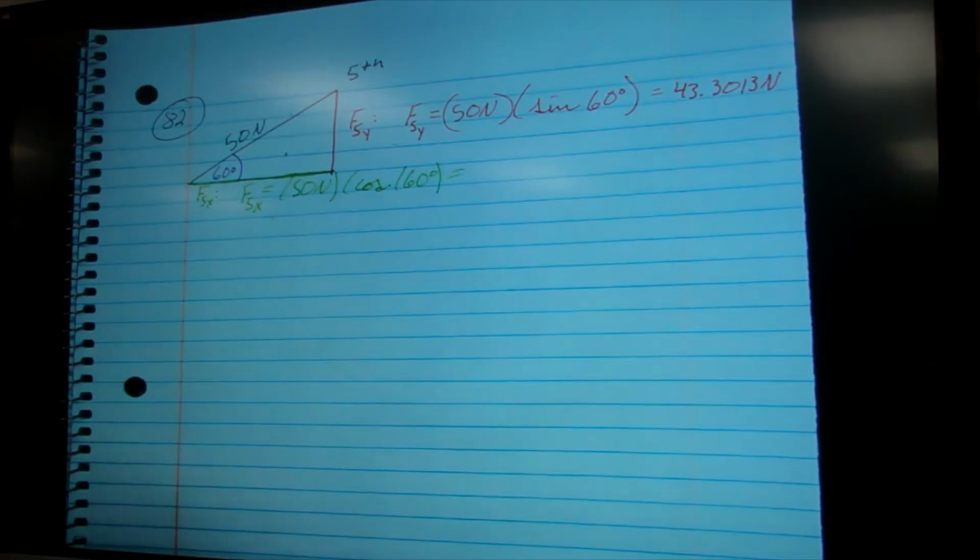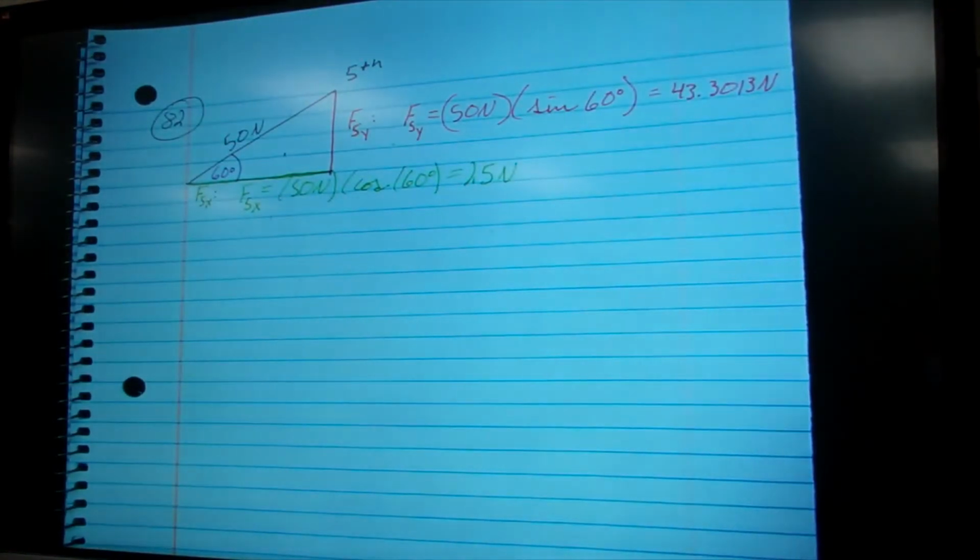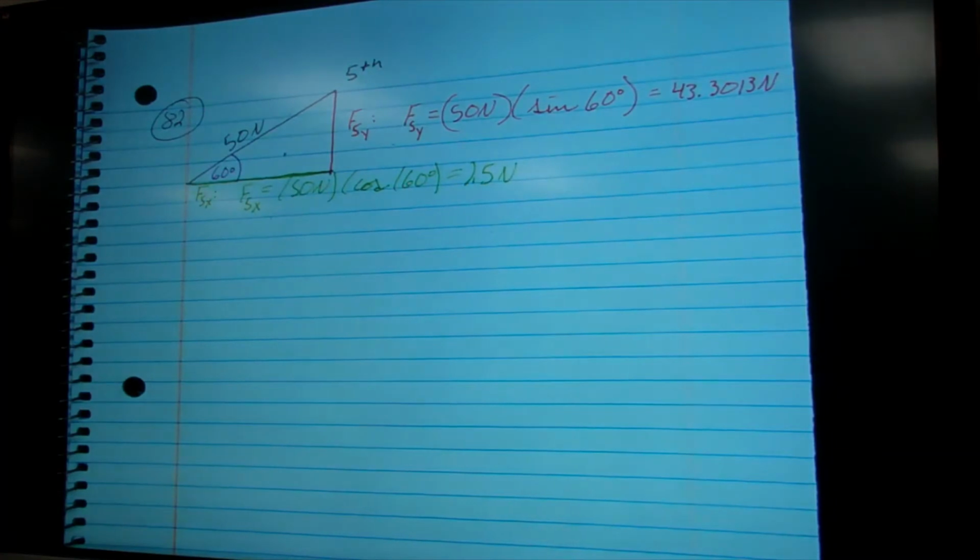Okay, may I ask? I'm sorry, I'm going to sound stupid because I never had trig. 25 newtons. How do you know which is adjacent? This goes back to what I said yesterday. Adjacent is the side that touches the angle. Think of Pac-Man: the opposite is what he's eating, and his mouth is adjacent.